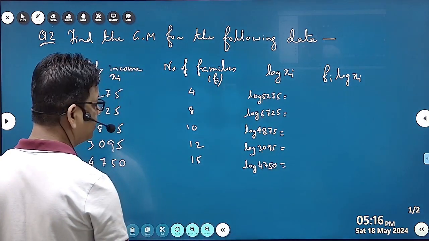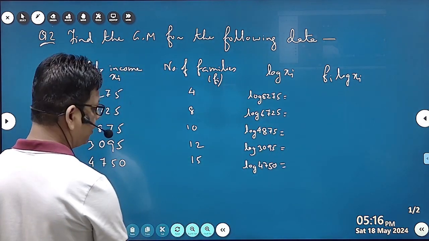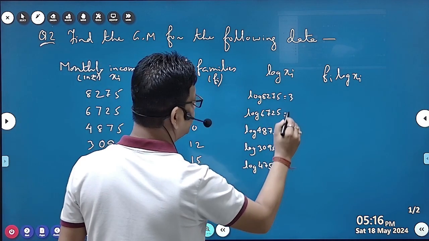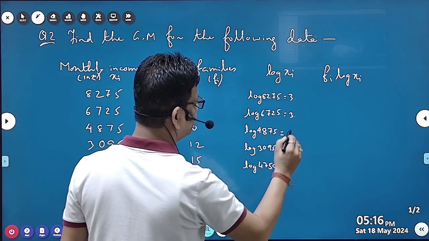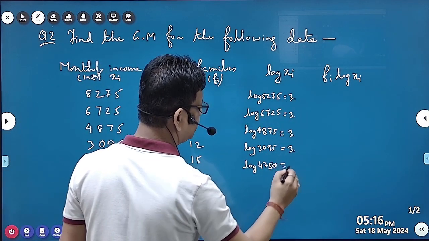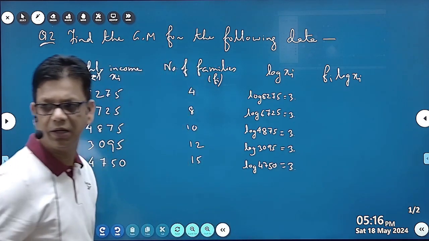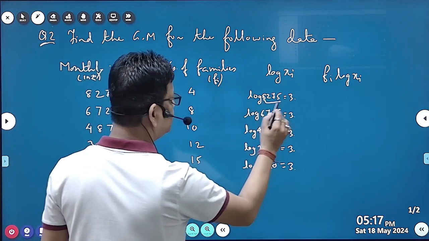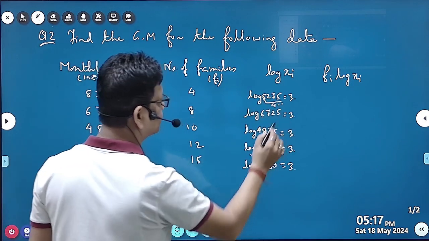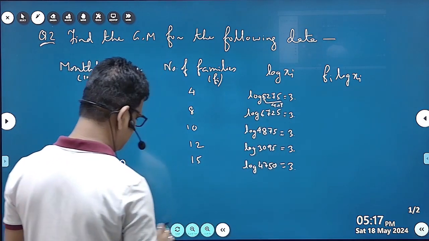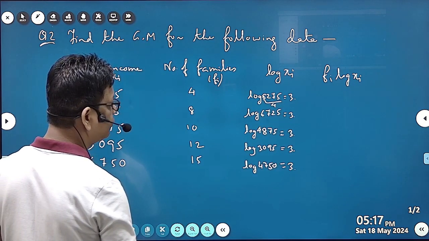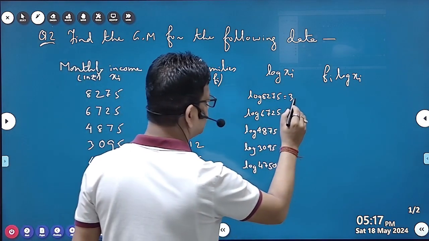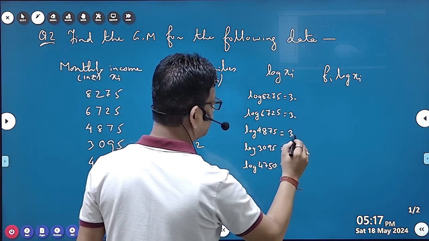So 4 minus 1 is 3. Everything will be 3 point.